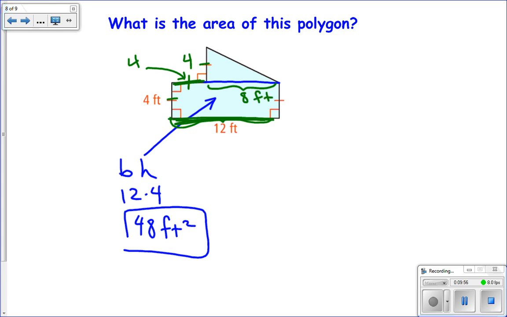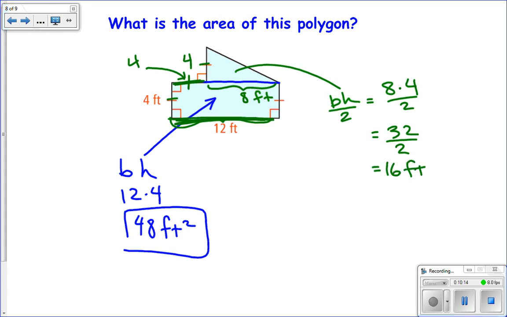So this triangle has a base of 8 and a height of 4. So this area is base times height divided by 2, or 8 times 4 divided by 2. And 8 times 4 is 32 divided by 2, or 16 square feet.